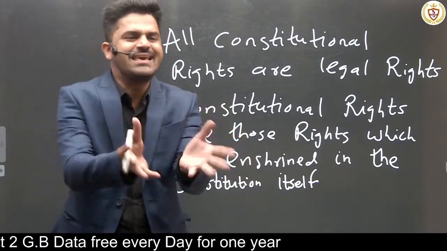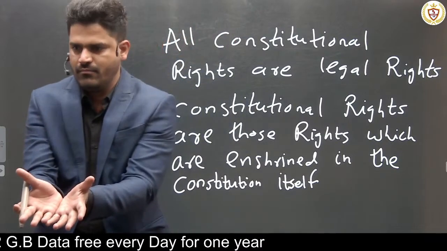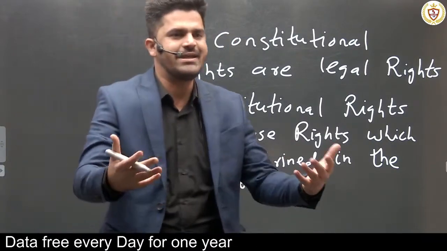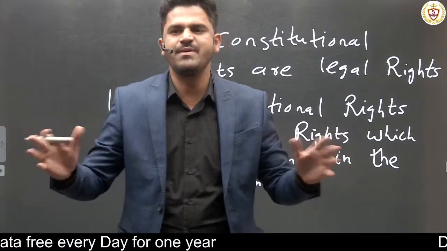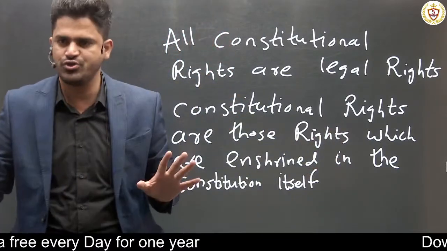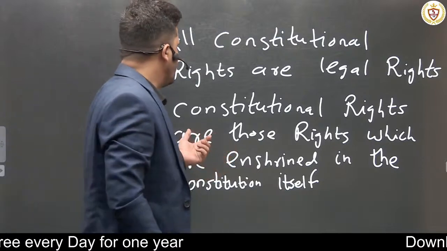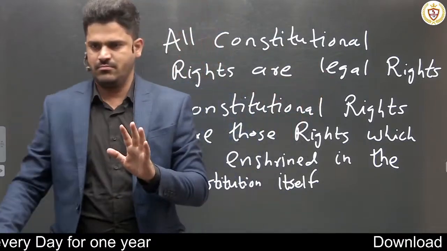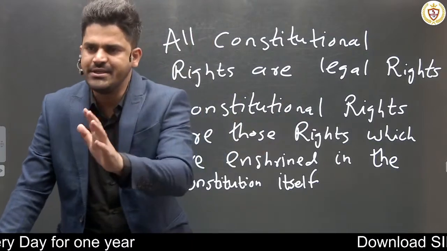And the Constitution is a legal document having legal sanctity, which represents the goals, ideals and visions of the people as a whole, right? That is what we have seen. So all the constitutional rights are legal rights, because the Constitution is a legal document.